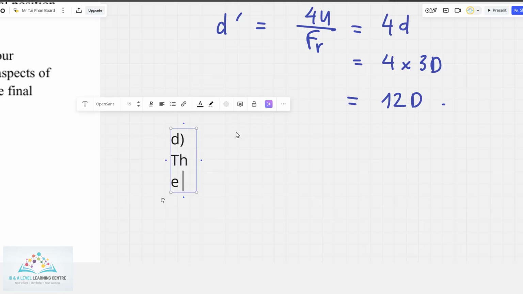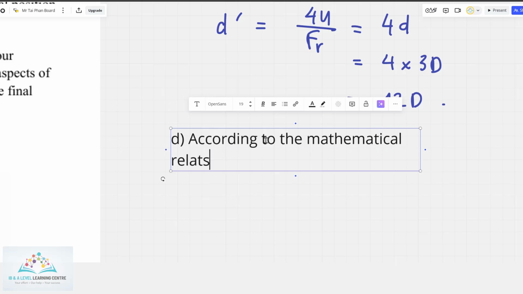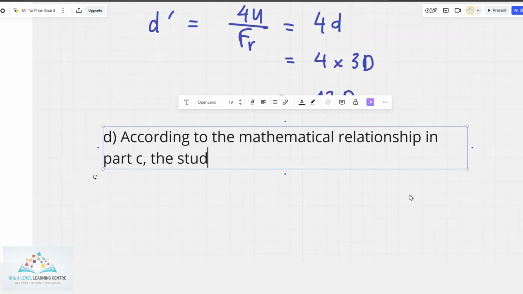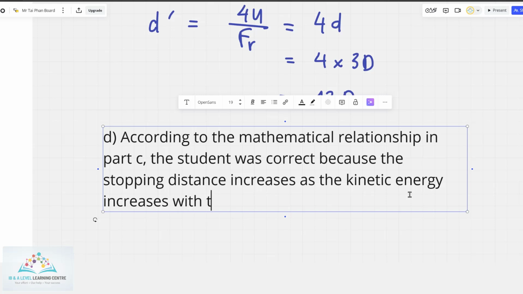Okay. According to the mathematical relationship in part C, the student was correct because the stopping distance increases as the kinetic energy increases with the greater compression.